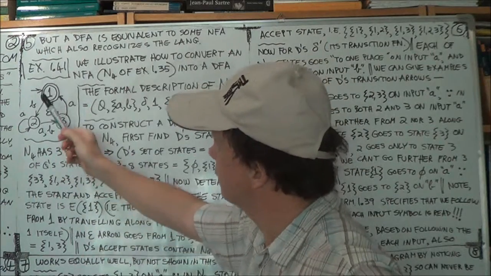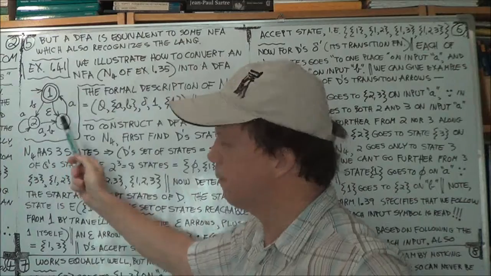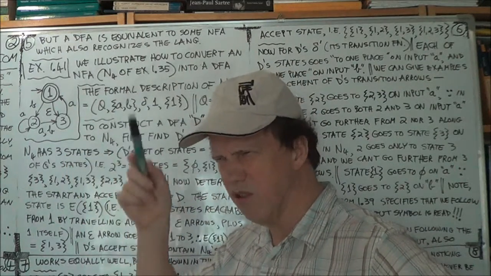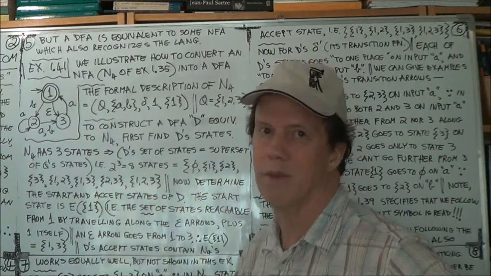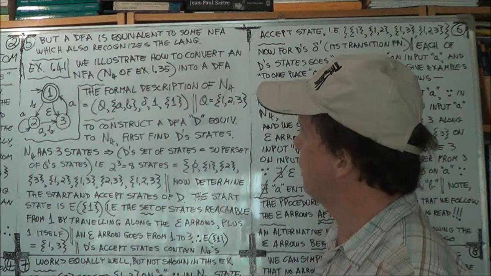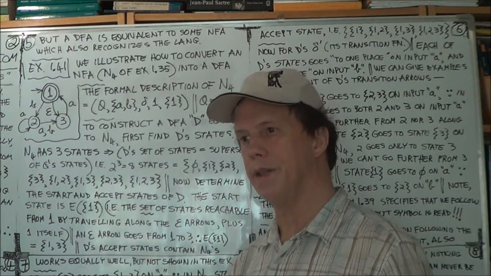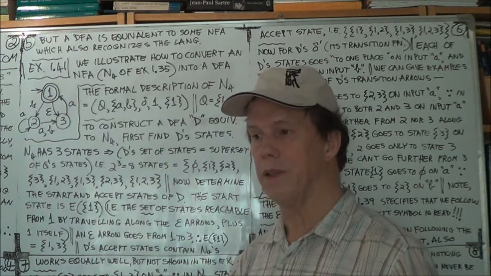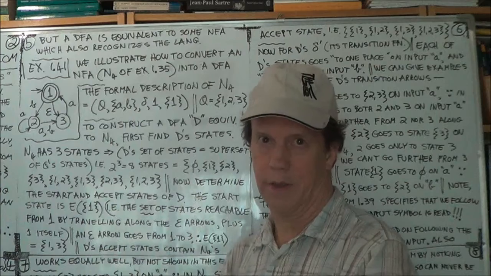Now the other thing that's different is the textbook has now put numbers instead of Q0, Q1, Q2. Now it's just put numbers here. It's easier to talk about, right? So what we have to do now is construct the equivalent DFA for this NFA.